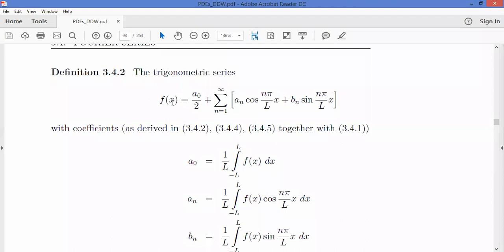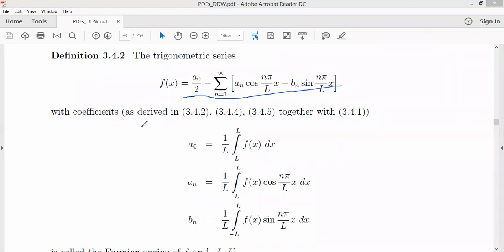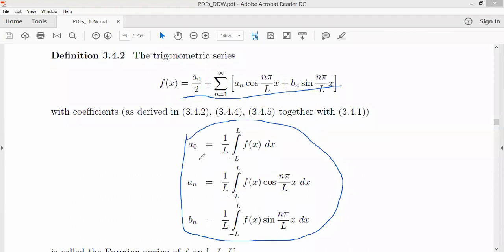So from our definition of trigonometrical series, that is the definition. Then we applied the concept of orthogonality, and we established our Fourier coefficients as they are.